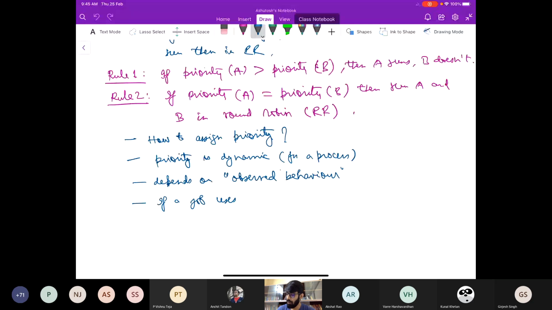If a job uses the CPU too much without releasing it for other jobs, then its priority will be lowered.